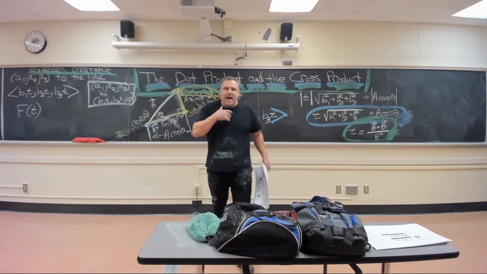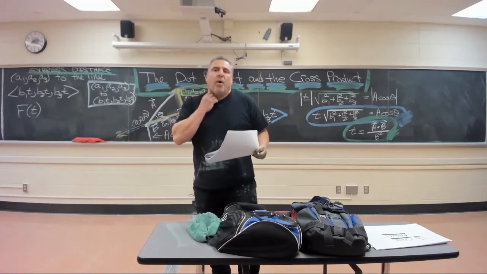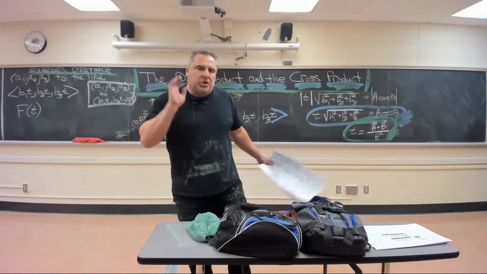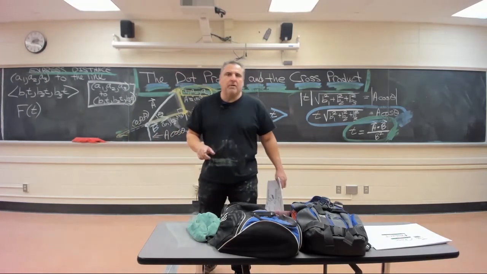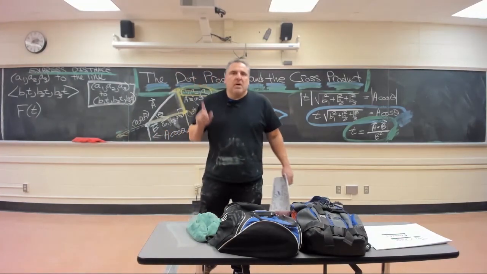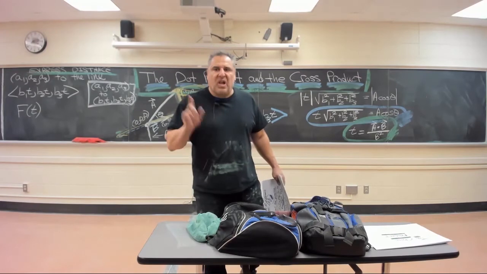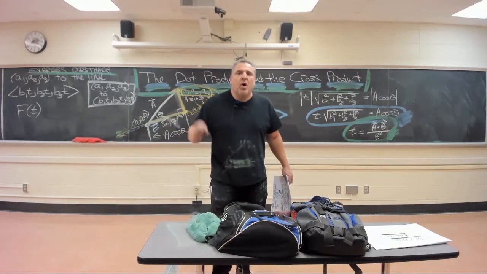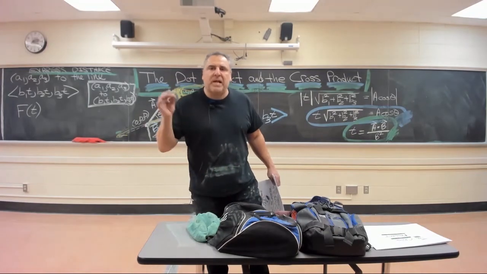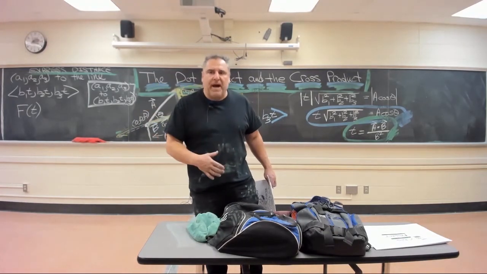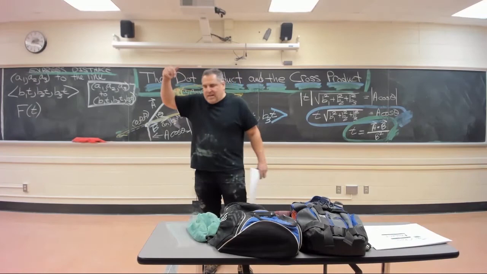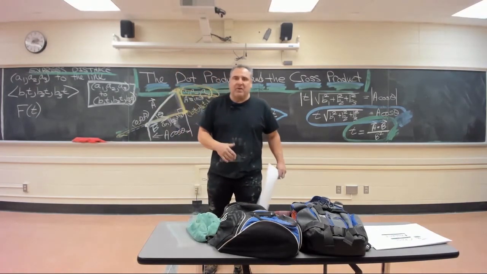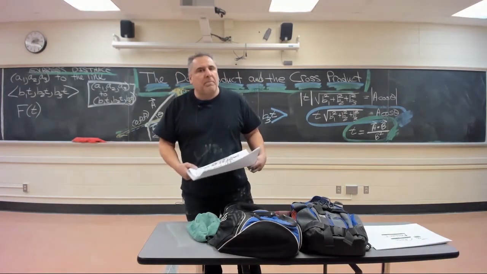But all those points lie on a line determined by the B vector. All the points that lie on the line are either in the same direction as B vector or in the completely diametrically opposite direction, anti-parallel to B vector, but they're all on that line determined by B vector.